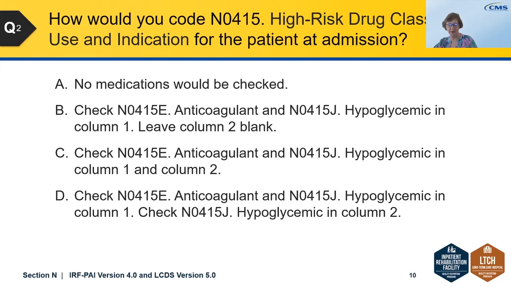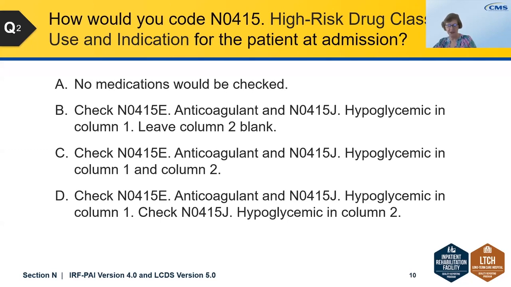Again, remember, column 1 is taking, and column 2 is there an indication? A is no medications would be checked. B is check N0415E, anticoagulant, and N0415J, hypoglycemic in column 1, and then leave column 2 blank.